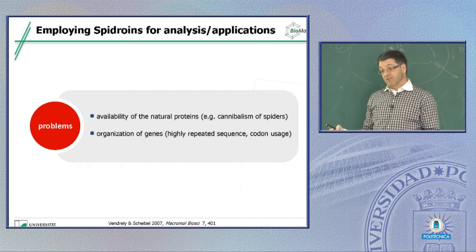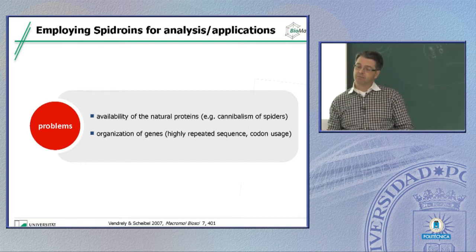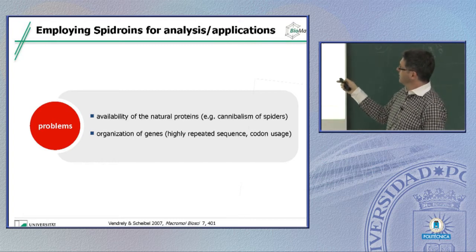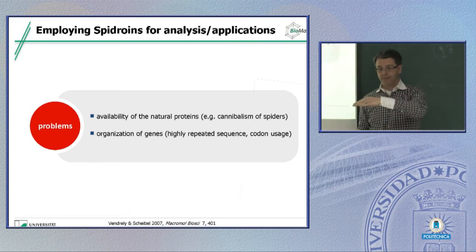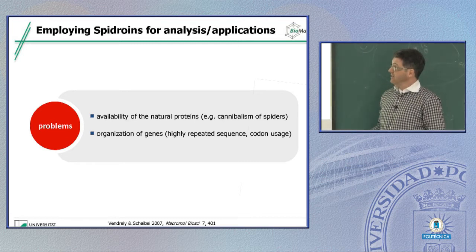So therefore, people started like 30 years ago to biotechnologically produce the proteins. That would be a way of getting the genetic information from the spiders, transforming them into any other host, and then just producing the silk proteins there.